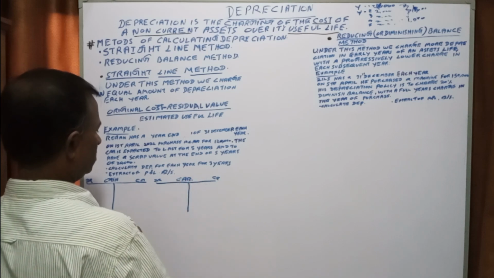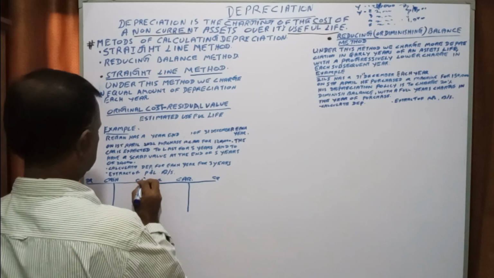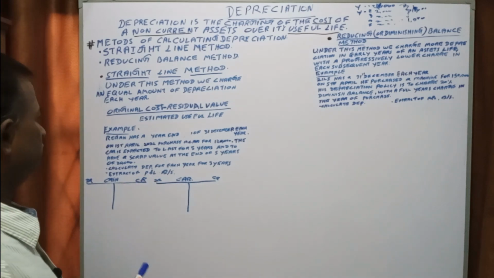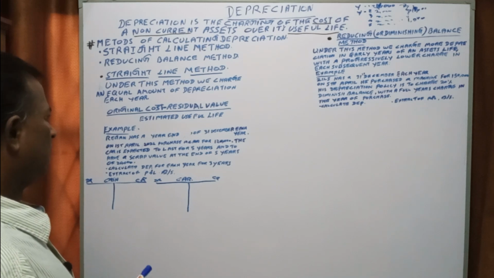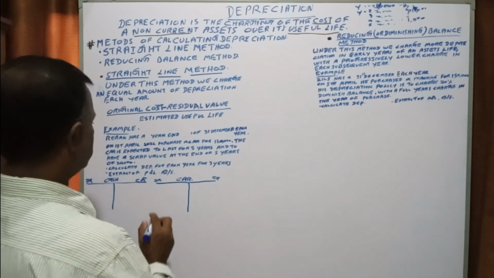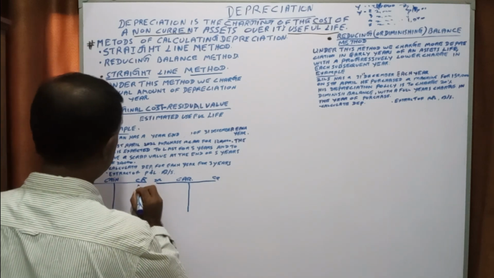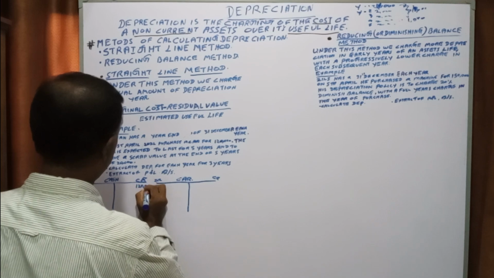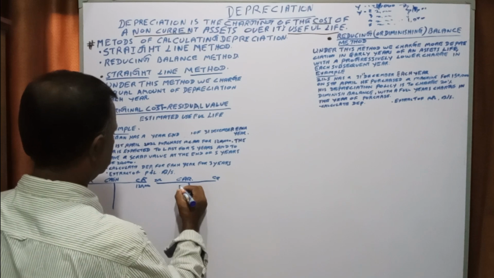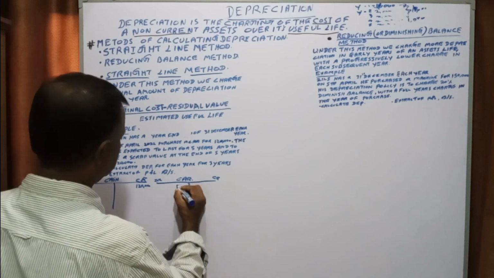Car is a non-current asset. We are paying cash of 120,000 for the purchase, so the car account is debited and the cash account is credited.